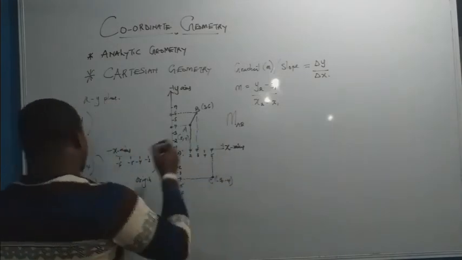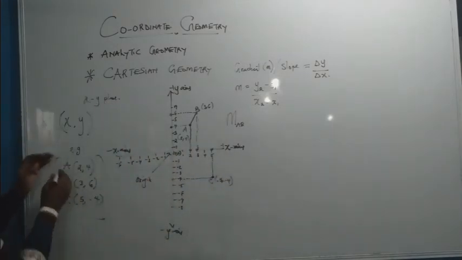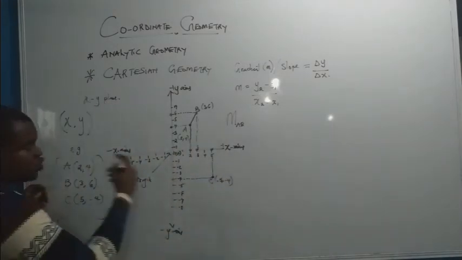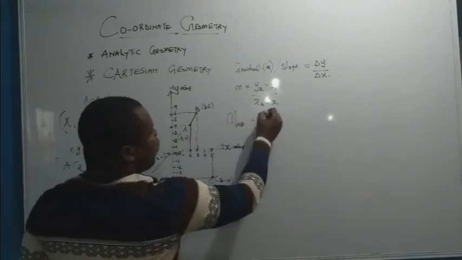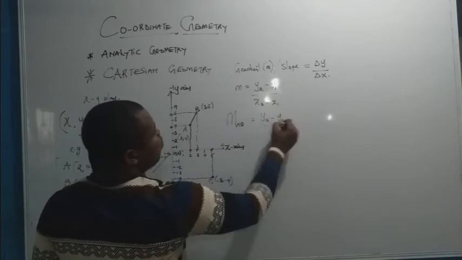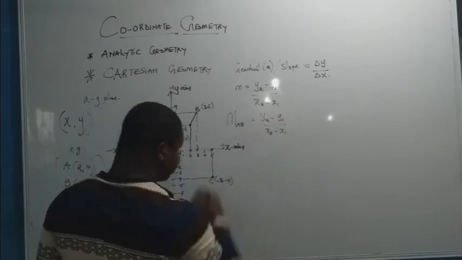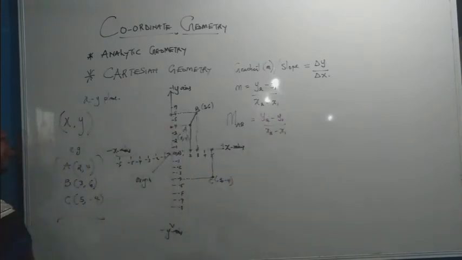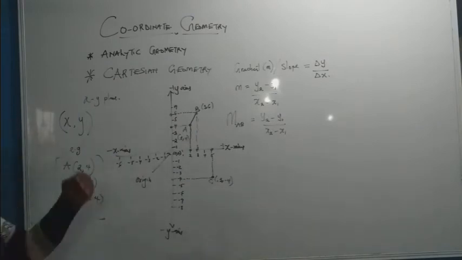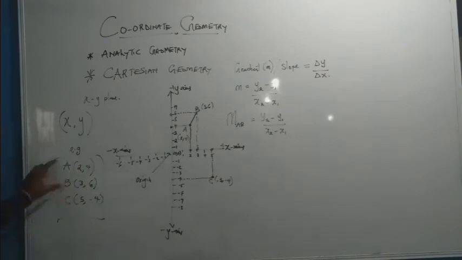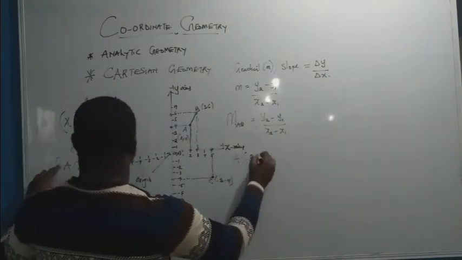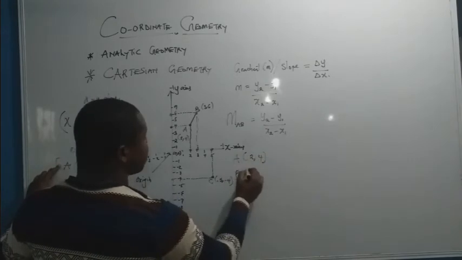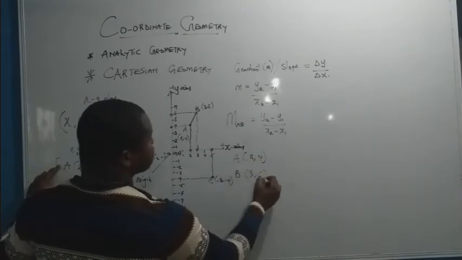All right. So once we calculate the gradient of AB, this is the line AB. You write m_AB is equal to y2 minus y1 over x2 minus x1. Which one is our x1, which one is our x2, which is our y1, which is our y2? So you bring out the 2 points here, we write it out. We have A, 2, 4. Then we have B, which is what? 3, 6.